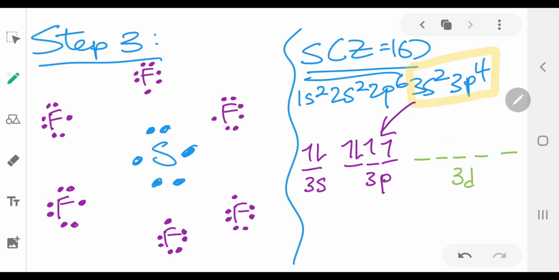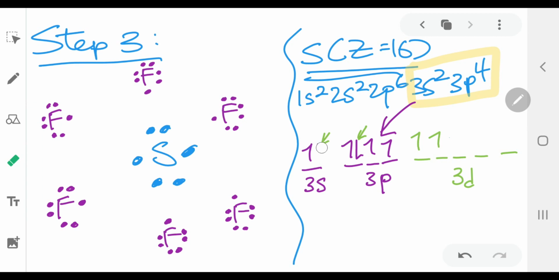So you have empty 3d orbitals ready to accept electrons. So this electron and that electron over there will be excited to here, to 1 and 2.